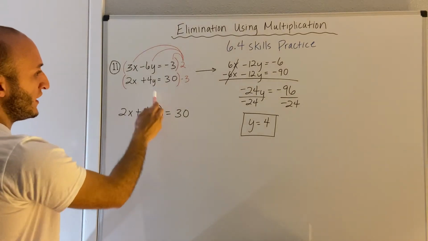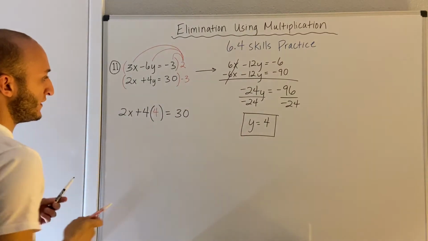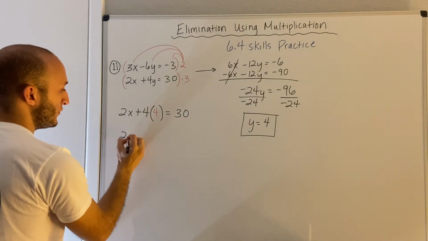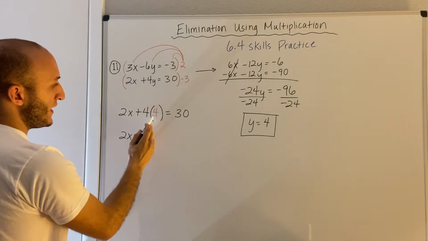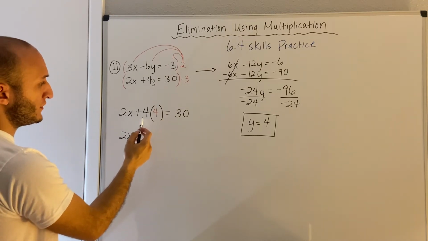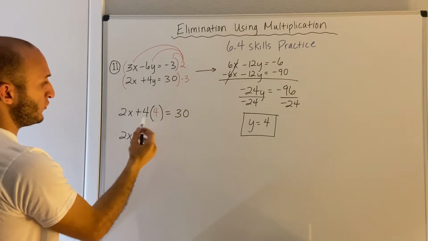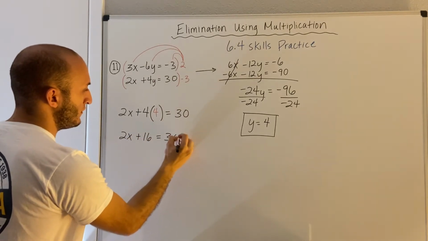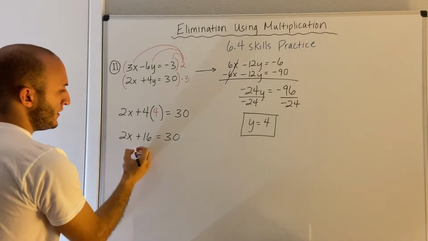Instead of writing y, because now I know what y equals, I plug in that 4 there. So now it's 2x, and then I have to do PEMDAS, right? I have to multiply these two first. So when I multiply, I get 16 here, 30.